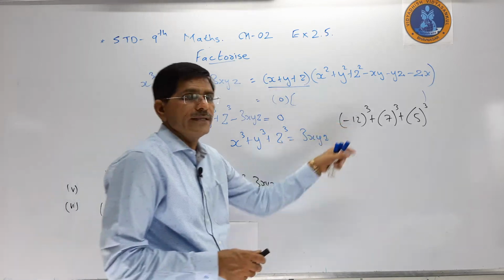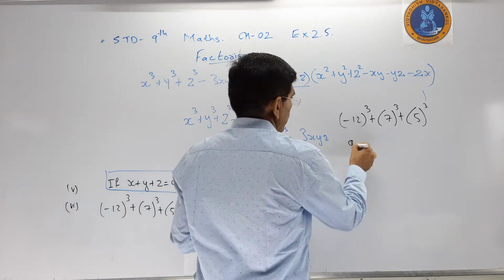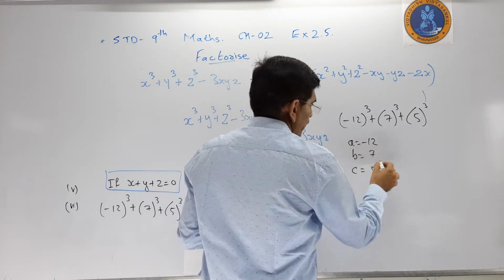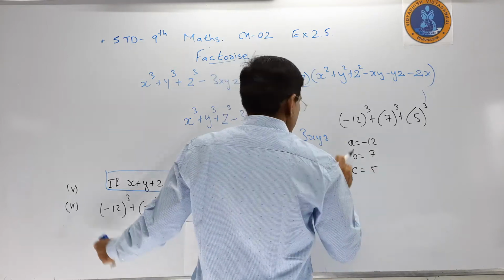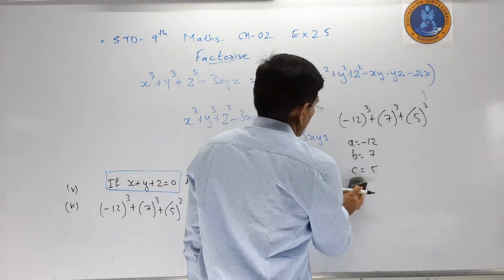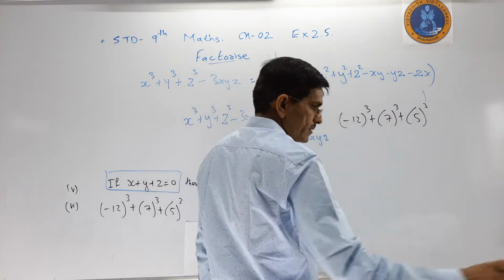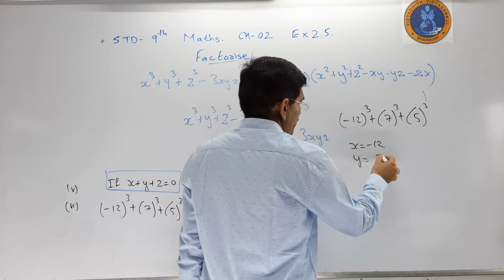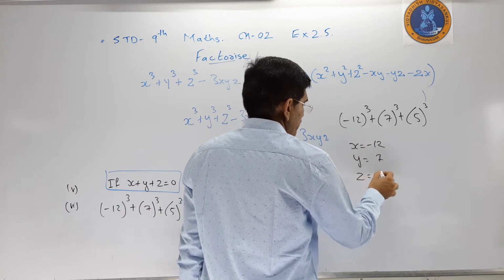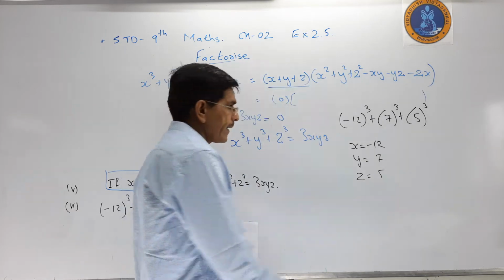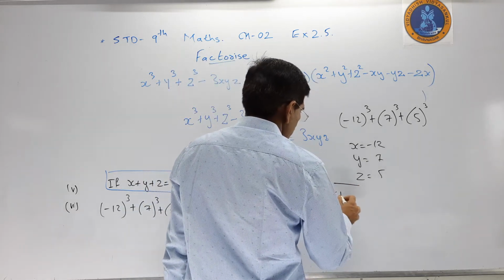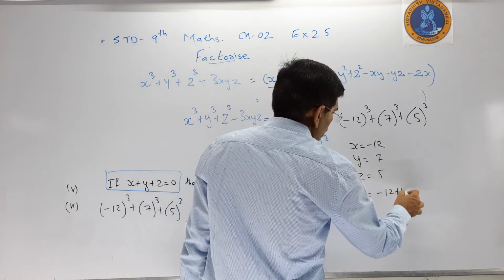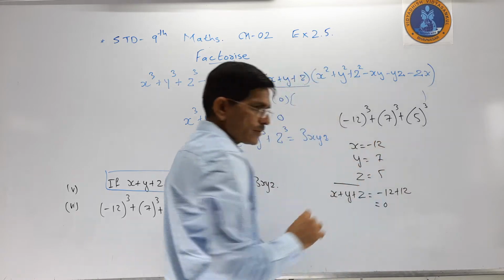So x is equal to minus 12, y is equal to 7, z is equal to 5. Now the addition of x plus y plus z is minus 12 plus 12, and the answer is 0.